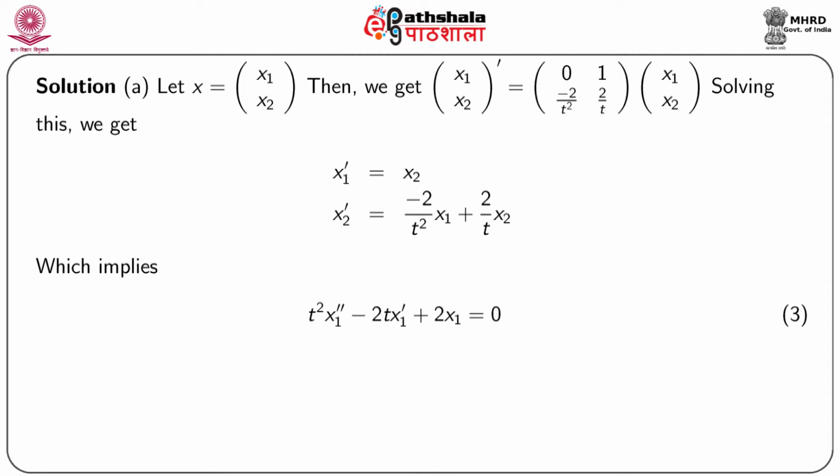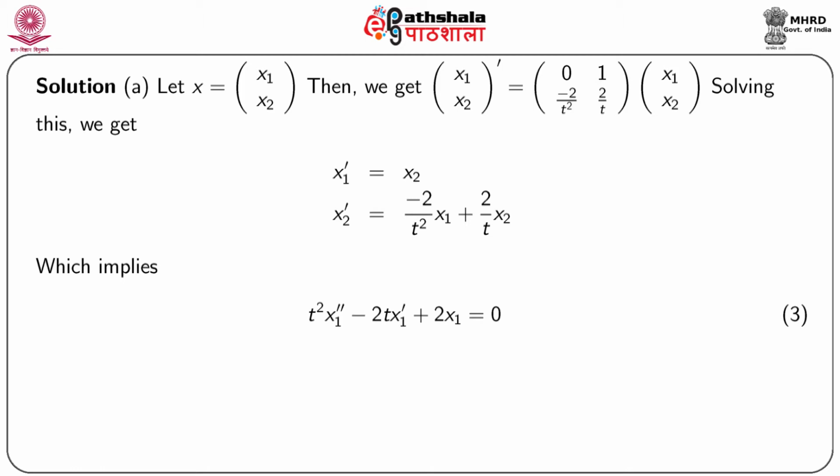You just multiply this matrix with this vector: 0 into x1 plus 1 into x2 gives x2, and minus 2 by t square into x1 plus 2 by t into x2 gives the right hand side, and on the left hand side you have x1 dash and x2 dash, and you get this whole system.